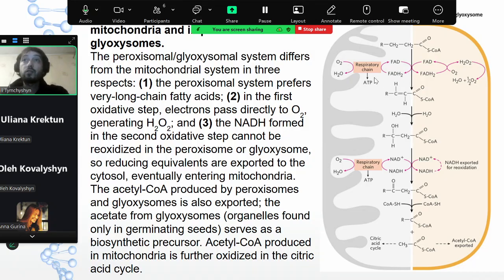This FADH2 goes to the respiratory chain or electron transport chain, and we get some ATP from the electron transport chain, and these electrons are acquired by oxygen. So oxygen is the terminal acceptor of the electrons from the FADH2, but during these steps, I hope you remember, we pump out some of the protons, we get a proton gradient, and that proton gradient is used by the ATP synthase to get some ATP for us.